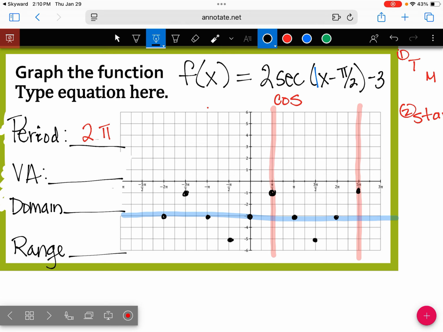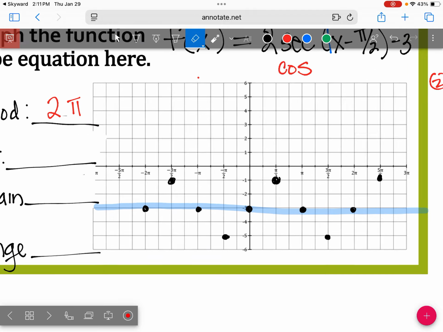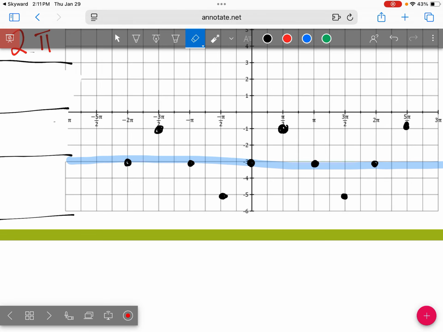Okay, now that I have that, I'm going to erase the lines I put there. Well, I'm not going to erase my midline. I'm going to keep that. My midline. Every time you put a point on your midline, that is an asymptote.